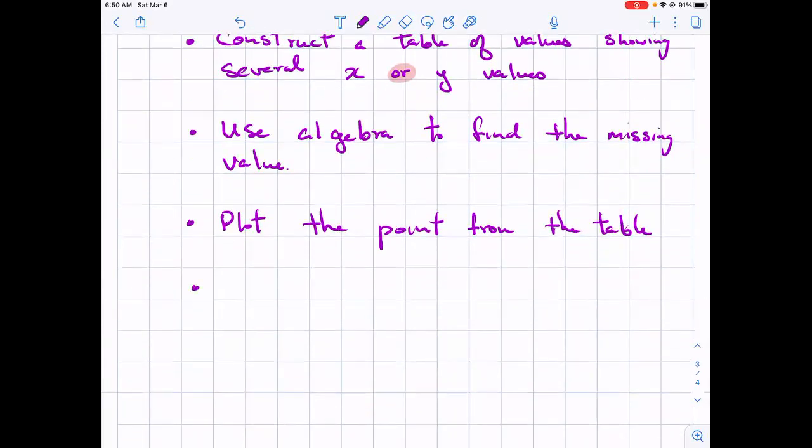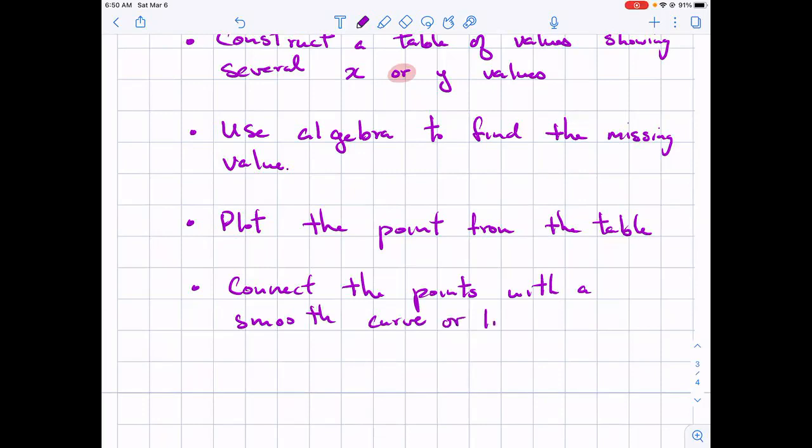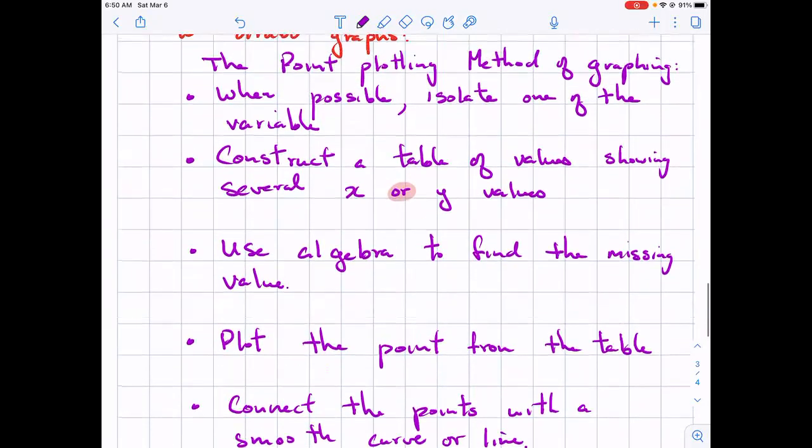And then finally, connect the points with a smooth curve or line. So those are the steps we can use to construct a graph.